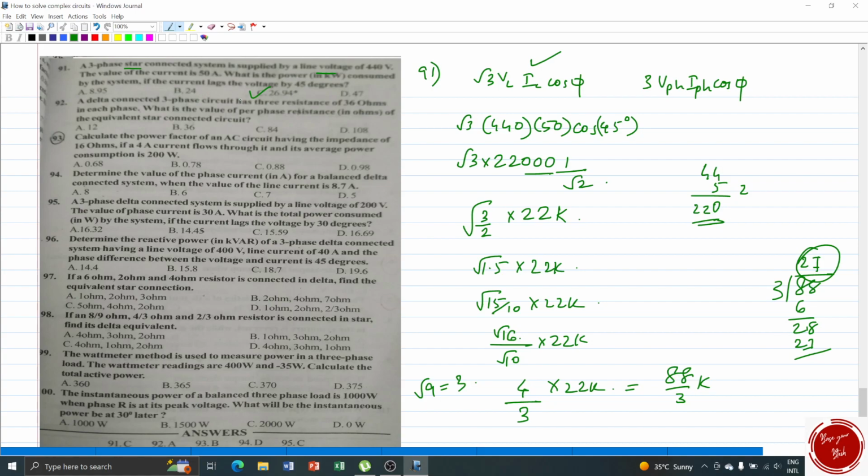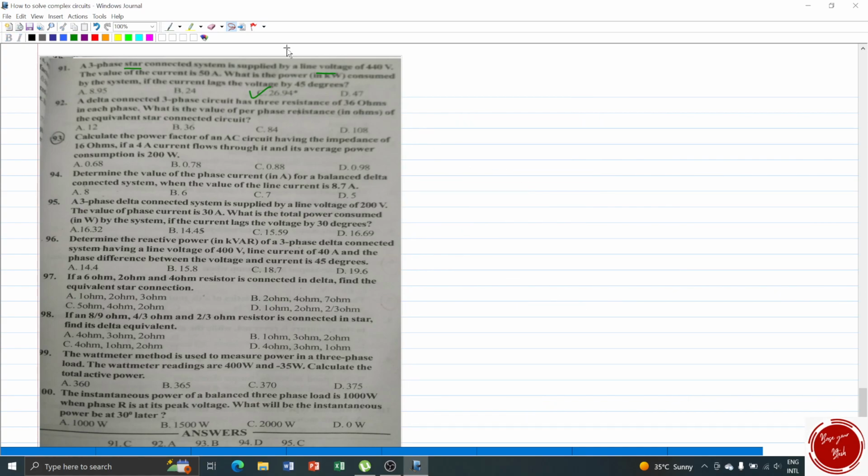Okay, so the most appropriate answer with what we arrived at is option C. Okay, moving on to question number 92. The answer for question number 91 is option C.